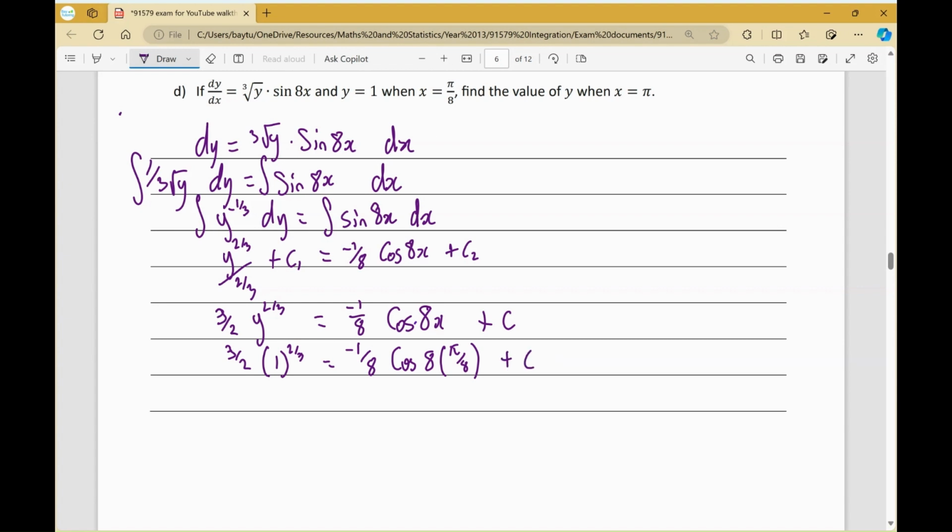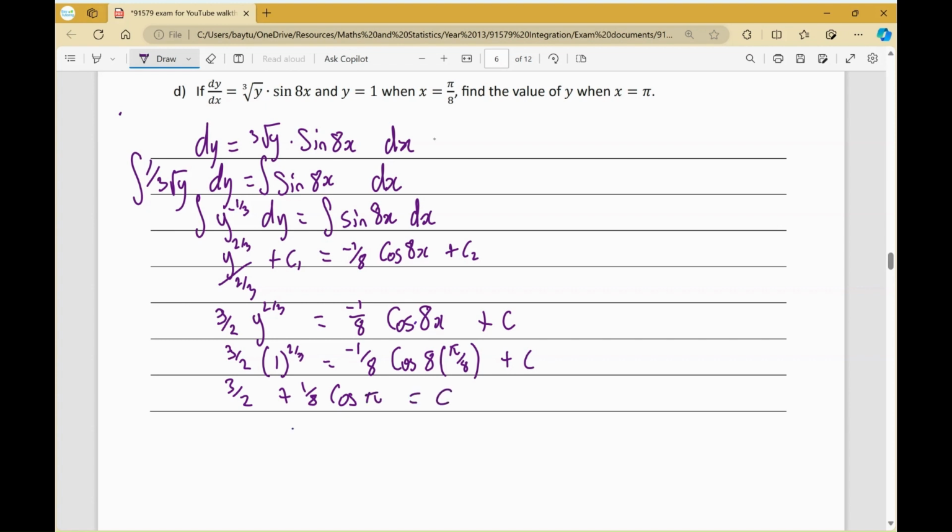So we will just simplify a little bit. You could just do all this in the calculator in one go. 1 to the power 2/3 would just be 1, then times by 3 over 2 would be 3 over 2. So plus 1 over 8 cos of, 8 times pi over 8 would be pi.